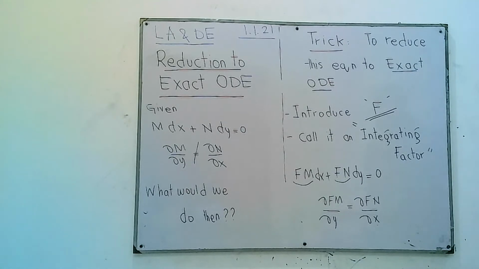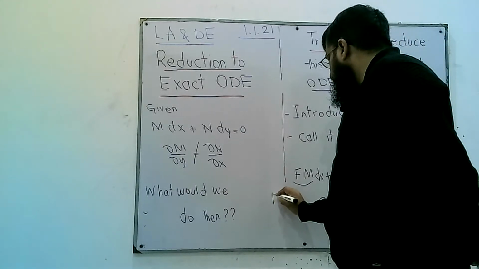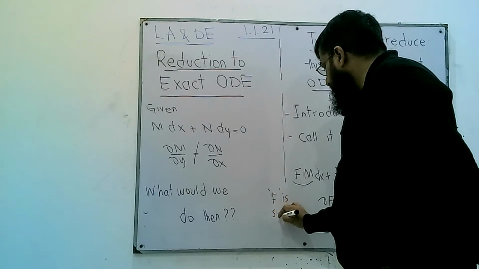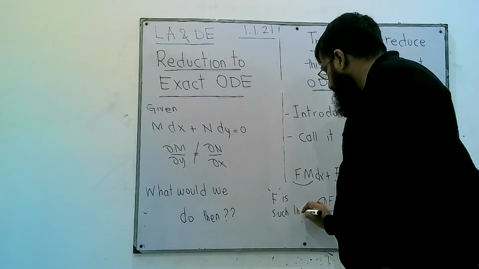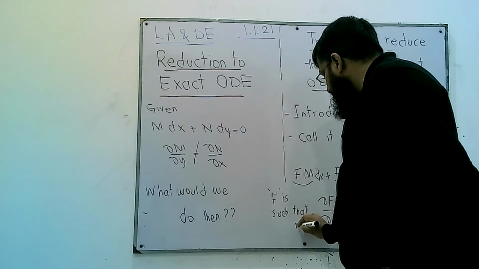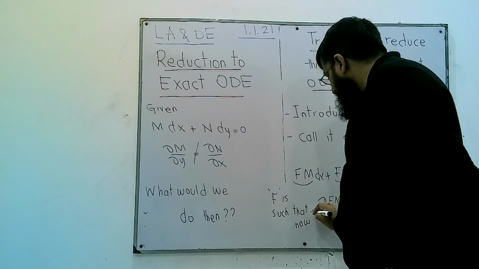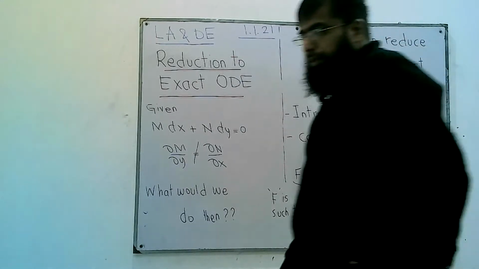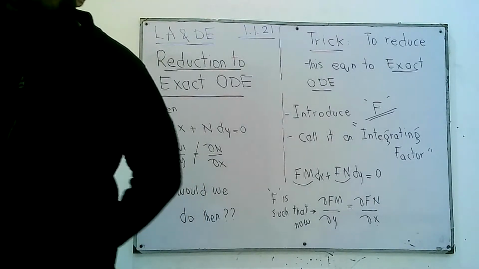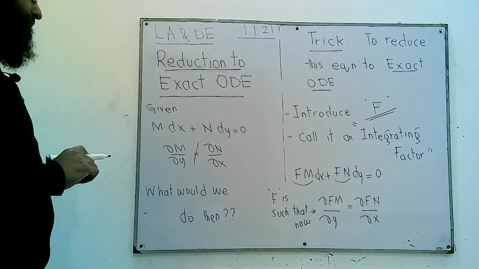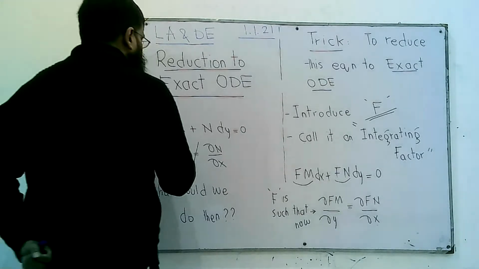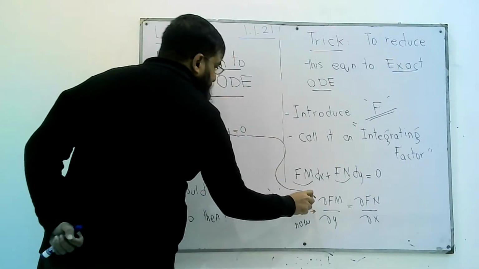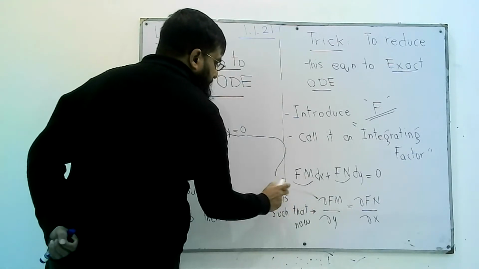F is such that the necessary and sufficient condition is now fulfilled. And that would be great if we somehow find an f that, if we multiply on both sides of the equation, reduces the given equation that is not of exact type to an exact type of equation.